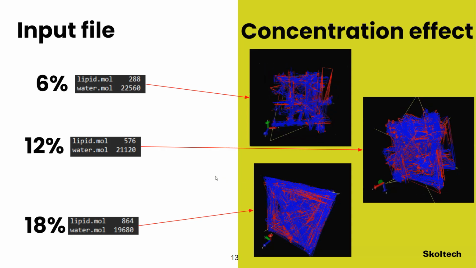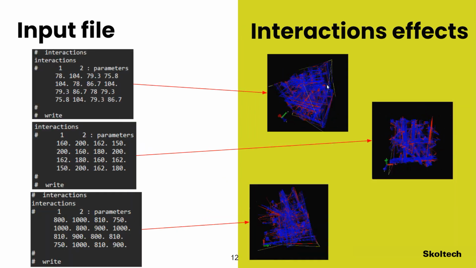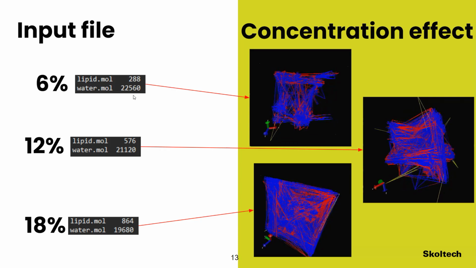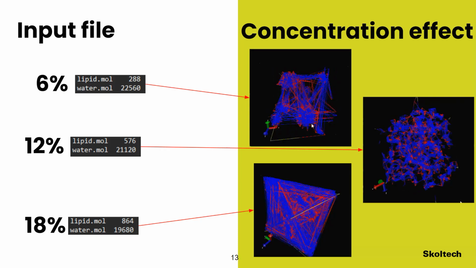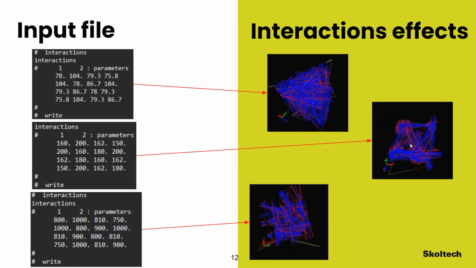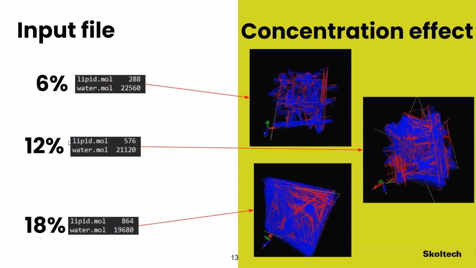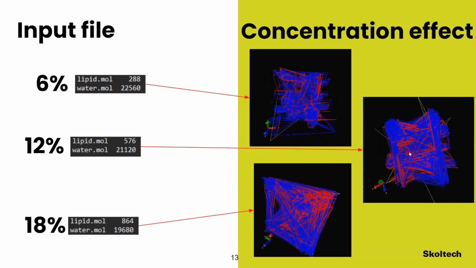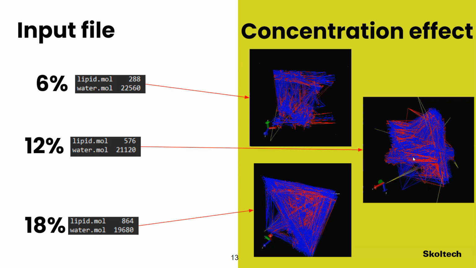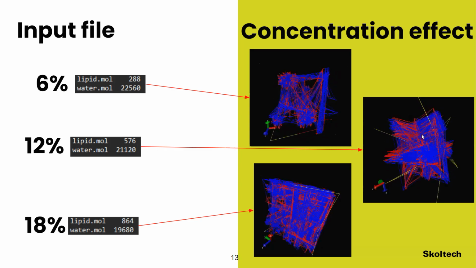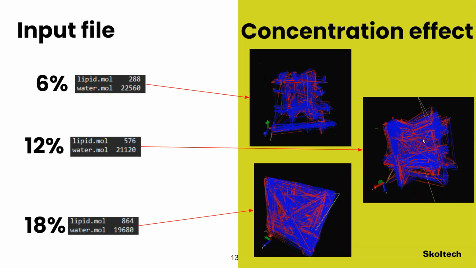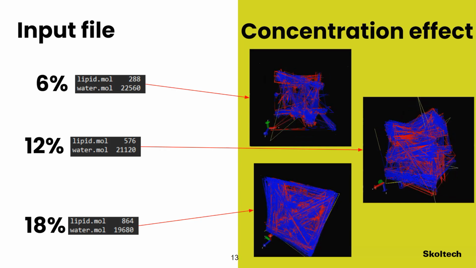So I also tried with a different concentration. By the way, here the concentration was 6 volume percent, and with 12%, we can get, with the same interaction parameters, bigger micelles that look more like a big long rope than a micelle.